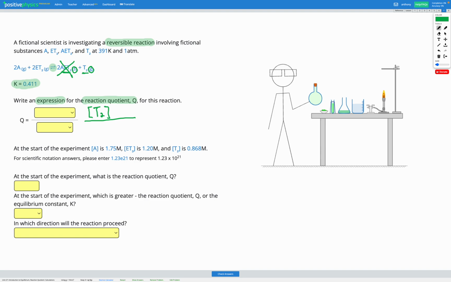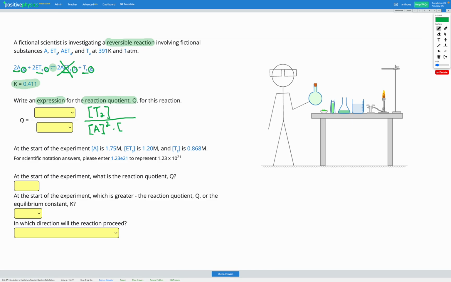Then in our denominator, we've got A, which is a gas. That's great. That means we can include it in our equation. So we've got the concentration of A, and that's going to be to the power of its coefficient, which is 2. So we're going to have concentration of A squared multiplied by our other reactant, which is ET3. That's a gas. So again, that can be shown in our equation.